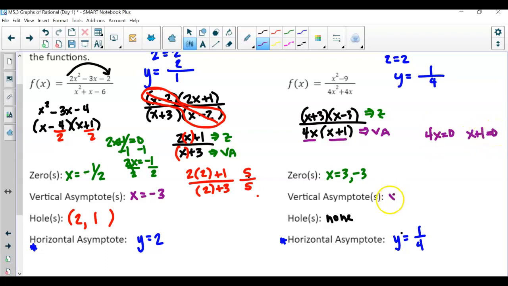So that's how we have x is equal to -1, from the x plus 1 subtracting 1. Here you would divide by 4, and you are still left with x is equal to 0. So x is equal to -1 and x is equal to 0. So we have two vertical asymptote lines.